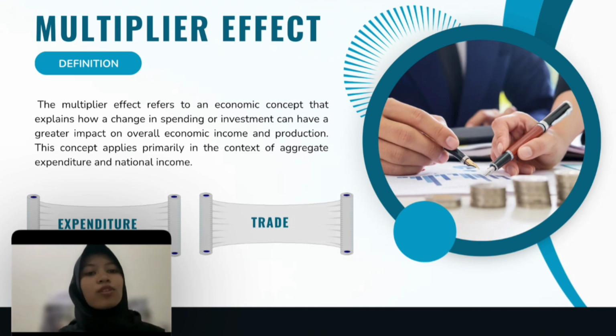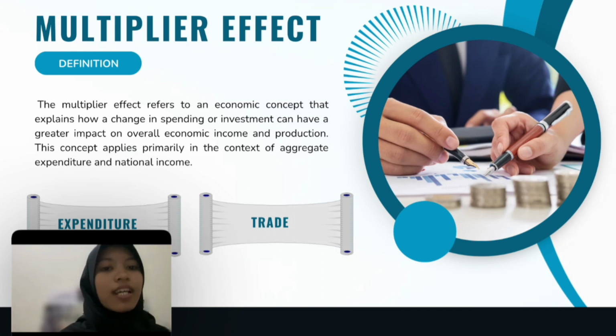This concept applies primarily in the context of aggregate expenditure and national income. So, in today's global economy, the multiplier concept plays an important role in understanding how change in the spending can trigger a domino effect on national output.